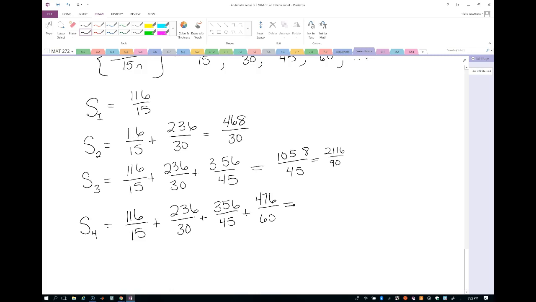So when we take our previous sum, which had the first 3 terms, and then we add in our new term of 476 over 60, I get 283 over 9, but like I said, I was going to try to continue the pattern here.